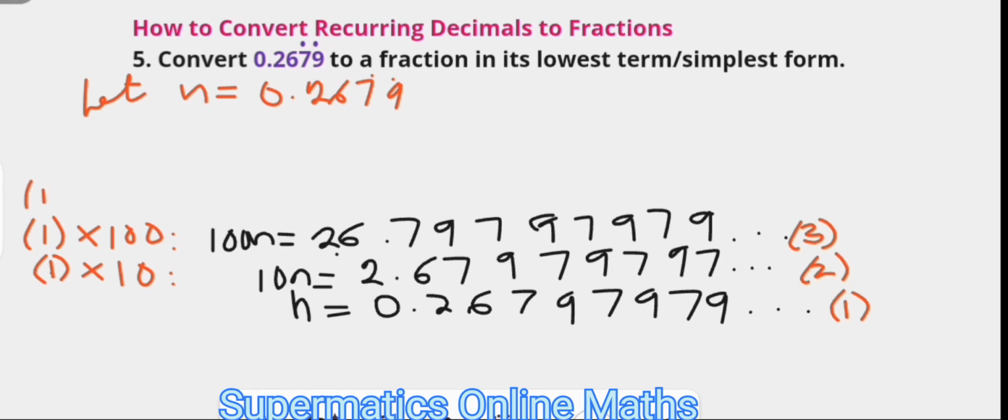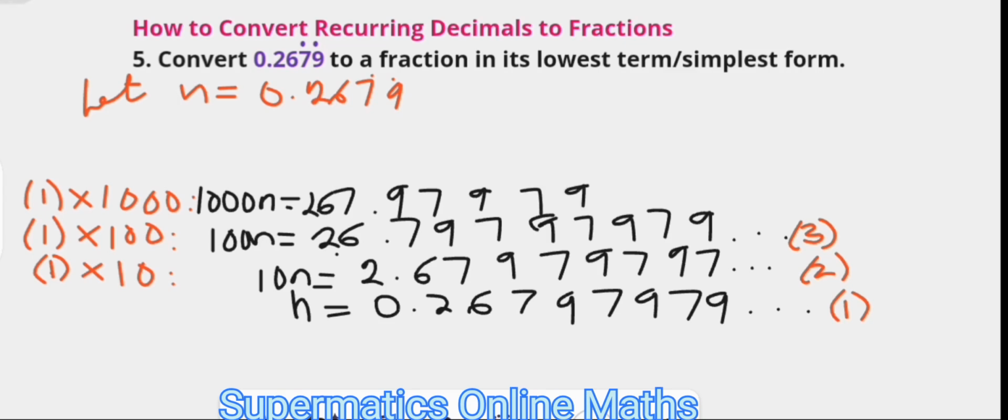So we multiply equation 1 also by 1000. We continue this process until we could get just 2 of them aligning. This is going to be 1000n equals 267.97979797 that goes on like that. That's equation 4.